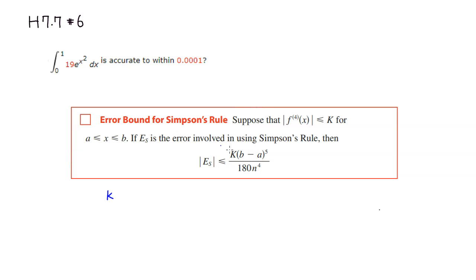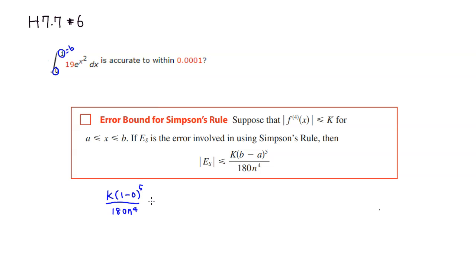And b in this case is 1, so we put 1 here, minus a. The lower bound a is 0, so it's 0. Raise it to the fifth power, which is going to be 1 anyway, over 180 n to the fourth power, right?